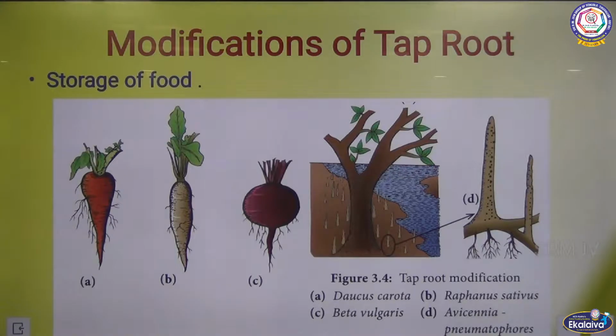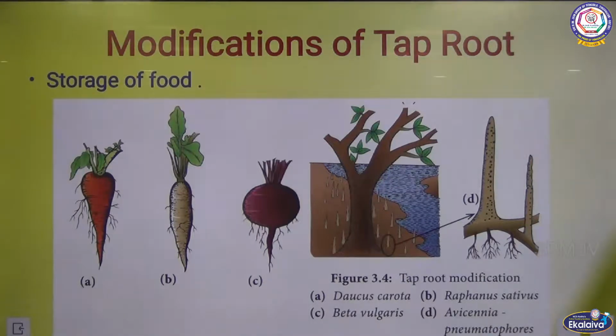And the second one is what we call a fusiform, which is a spindle-shaped structure. And then the third one is the napiform, which is very broad and suddenly tapering down. So, here in all the 3, the roots are storing the food material.